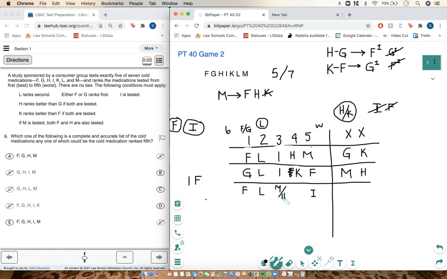And very similarly, M or H can go fourth. And then the letters that you have out are K and then G. Okay, that seems to work. So E would be your answer because I can be ranked fifth.